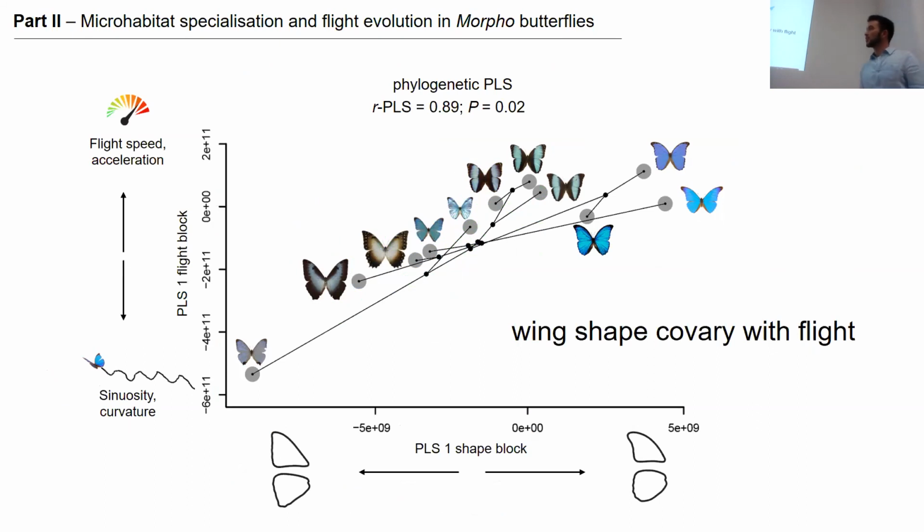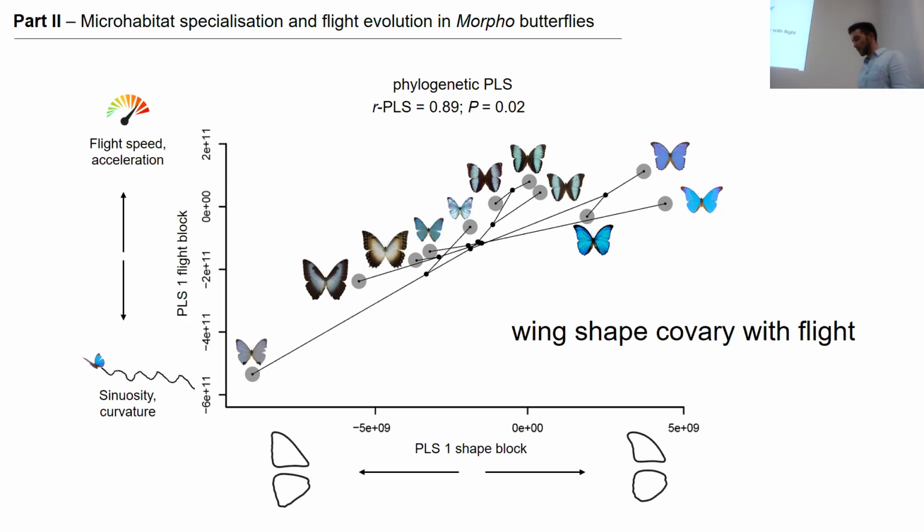And what is interesting to see is that independently of these phylogenetic relationships, more rounded wings associate with a more powerful flight, whereas more triangular wings associate with a slower, more sinuous flight. But this suggests that there is a causal relationship between evolutionary changes in wing shape and evolutionary changes in flight.